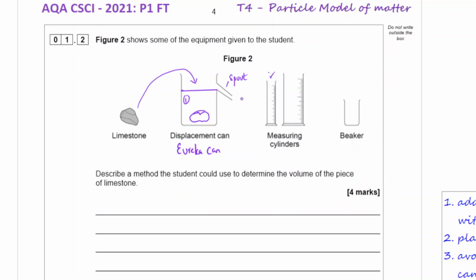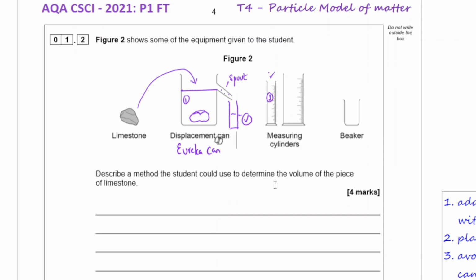Now before you do that, you would want to place this third measuring cylinder at the bottom over here, so that any water that comes out when you put the rock inside, make sure you don't splash any water outside. The water level rises up and the water comes out and it fills into the measuring cylinder, and you can read out the volume from the measuring cylinder. That's how you would do it.